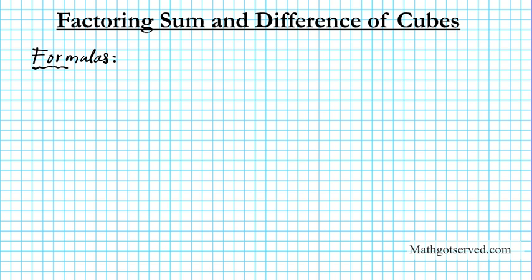So for the sum of cubes, the formula is a cubed plus b cubed can be factored into a plus b times a squared minus ab plus b squared.